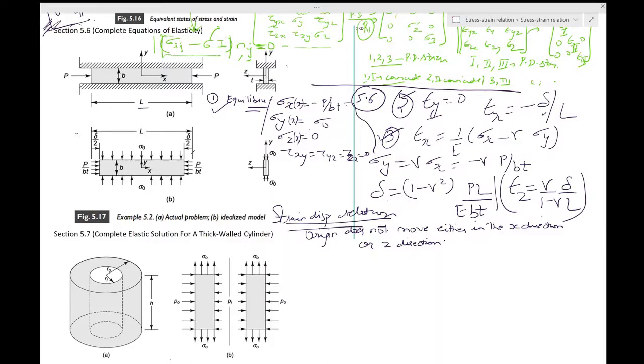Okay, so any guesses? I mean, why this can be done?